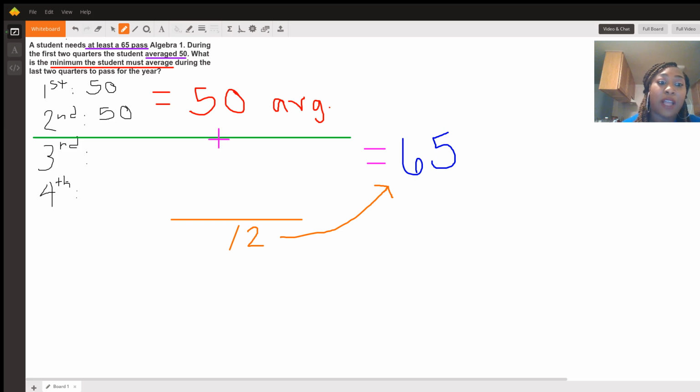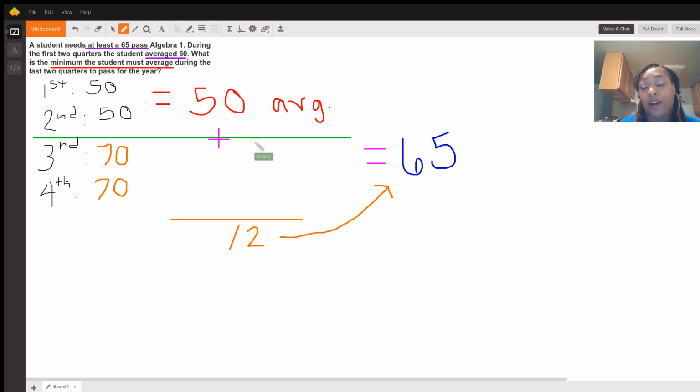So I thought that 60 would be a little bit too low, so I tried to work with 70. If a student made a 70 in both the third and fourth quarters, that means they would average out to have a 70.